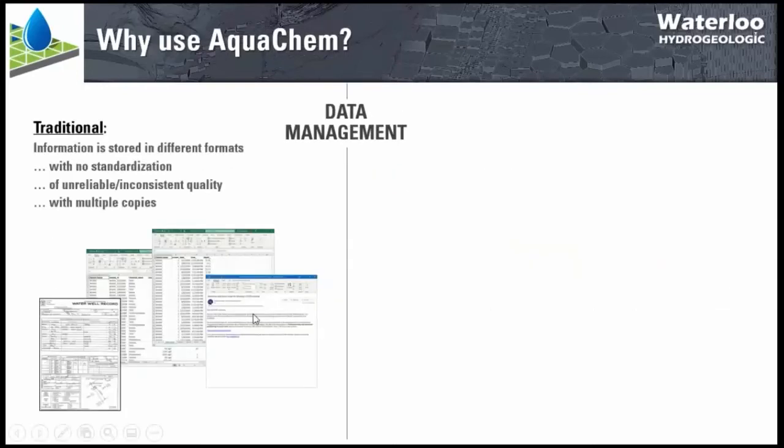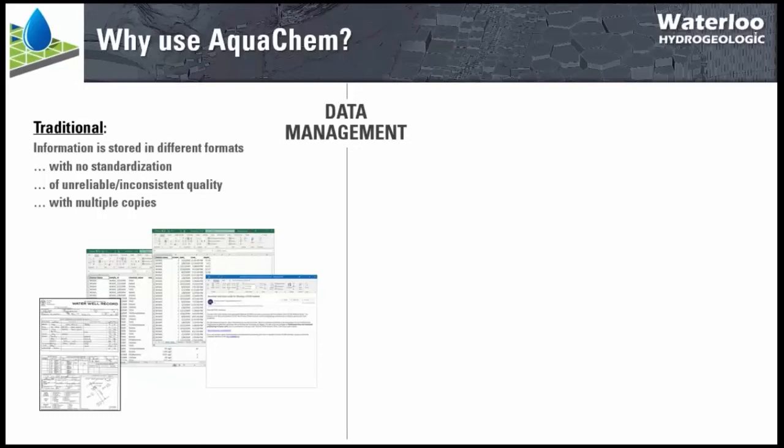So why use AquaChem? Traditional approaches to data management use spreadsheets or field reports spread across different formats with little standardization, sometimes unreliable or inconsistent quality. Some examples might be where you might call in one spreadsheet PCE as opposed to perchloroethylene.